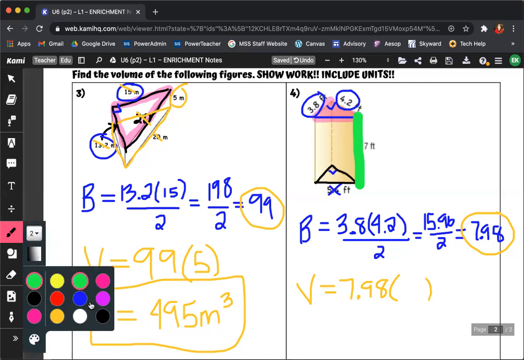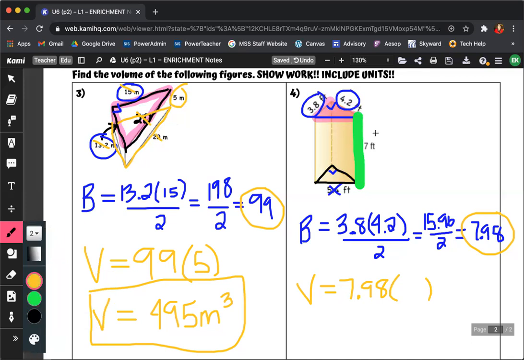So that is 7. So we're going to multiply 7.98 times 7. And I get 55.86 feet cubed. And that is our final answer.